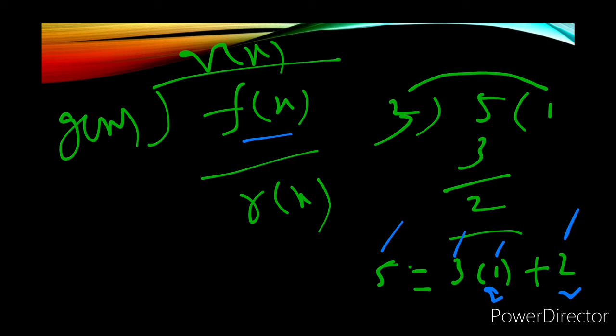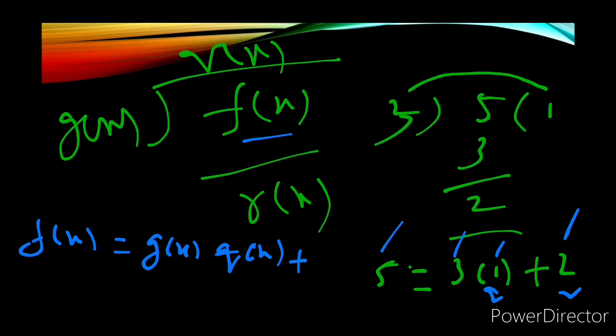Likewise, we write the polynomial f of x is equal to g of x into q of x plus r of x, that is divisor into quotient plus remainder.